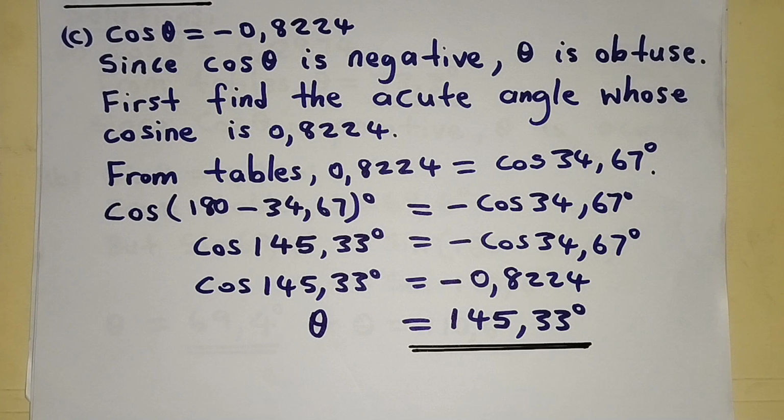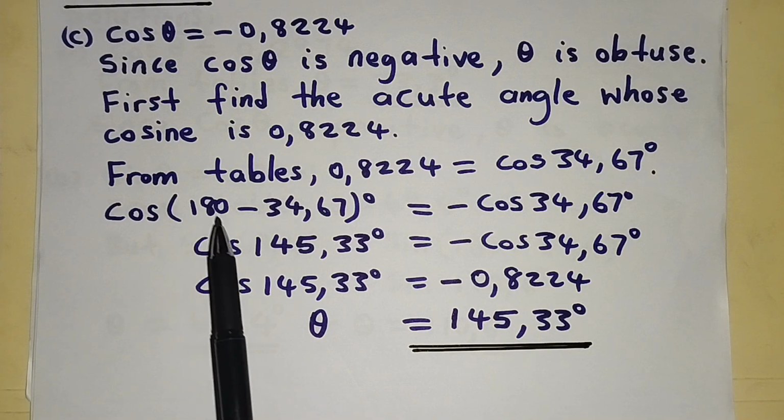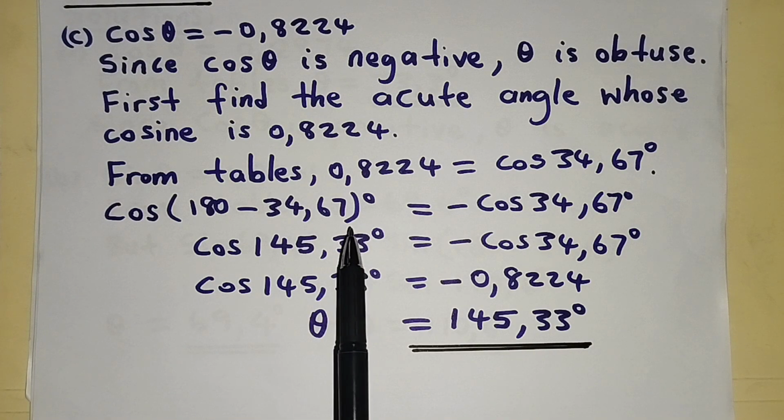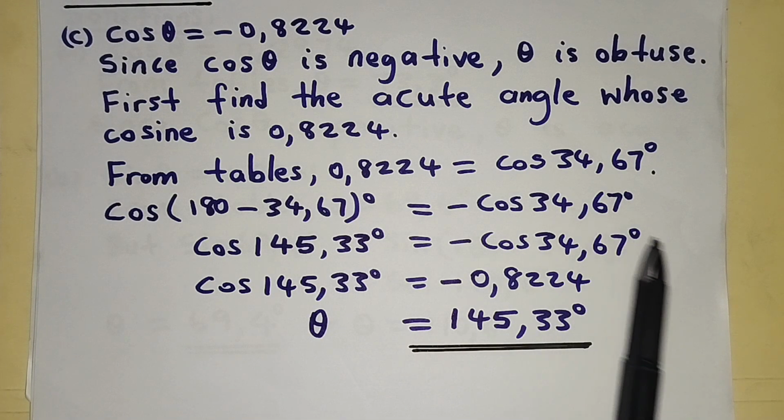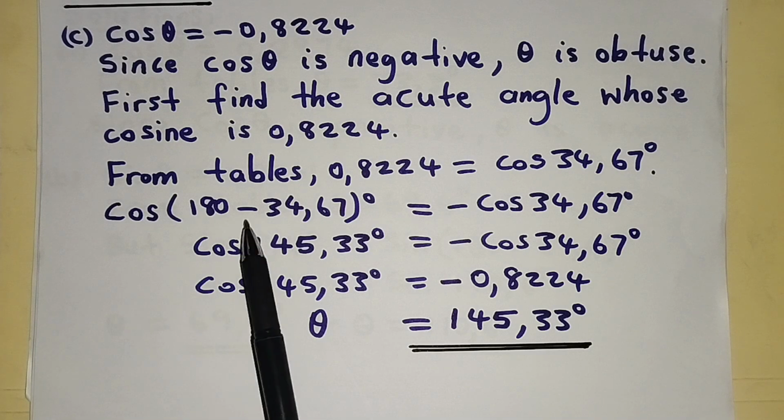So I showed you that the cosine of the obtuse angle equals minus the cosine of the acute angle, which you get after subtracting the obtuse angle from 180. So from there we say cos of 180 degrees minus 34.67 degrees equals minus cos 34.67 degrees. This one gives us 145.33.